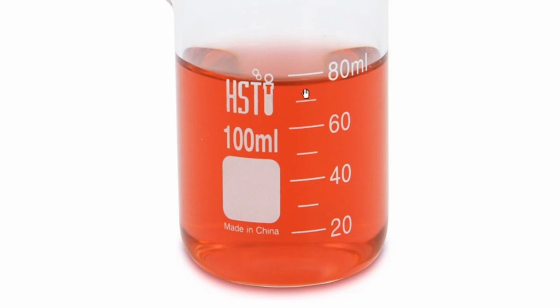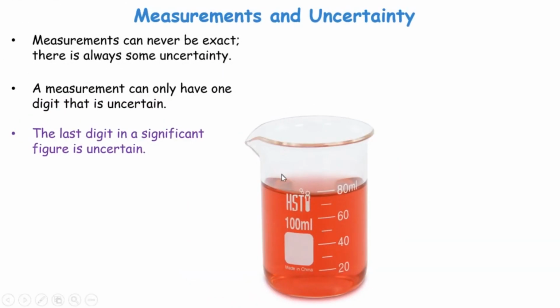We also know the volume is somewhere here, so now we have to guess, we have to estimate. If here's 75, I would say this may be 76 or 77, at the lower edge of the meniscus. So I will read 77, or someone else may read 76.